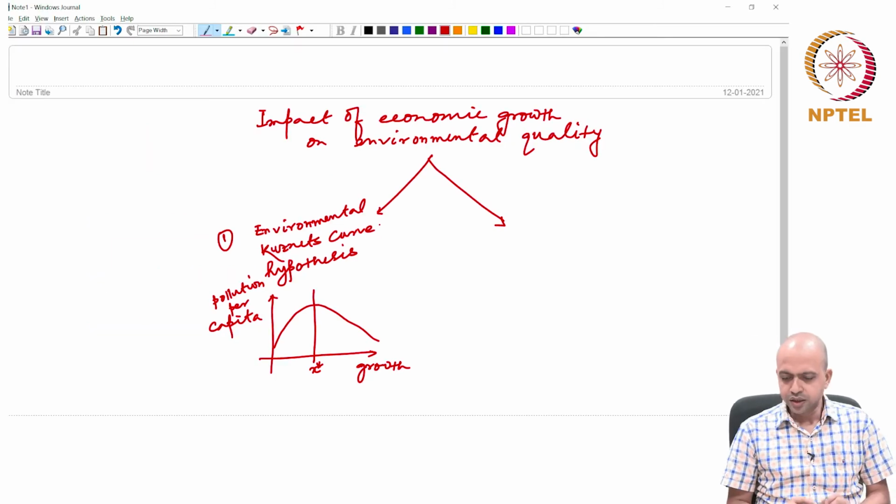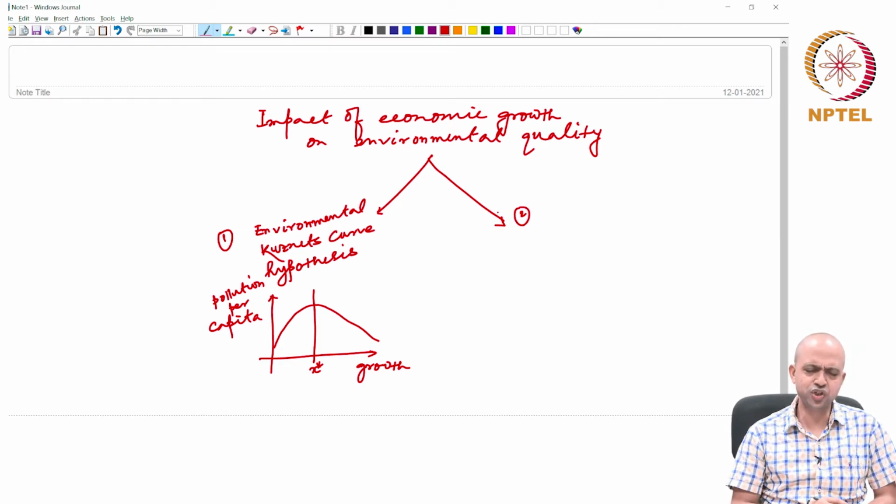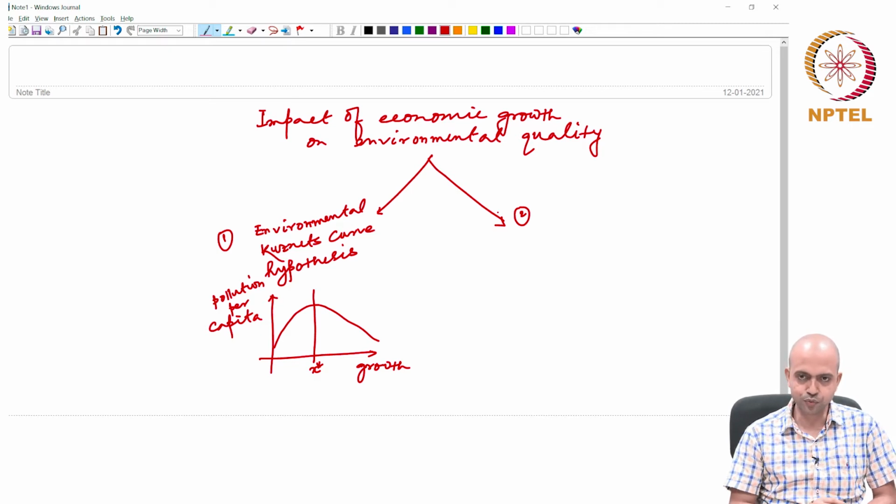Then the second school of thought. When we discuss, we learn that there are several limitations of this EKC school. The EKC hypothesis is not always true. And that is why the second group of economists say that since growth is not a cure for environmental degradation all the time, what is the solution then?